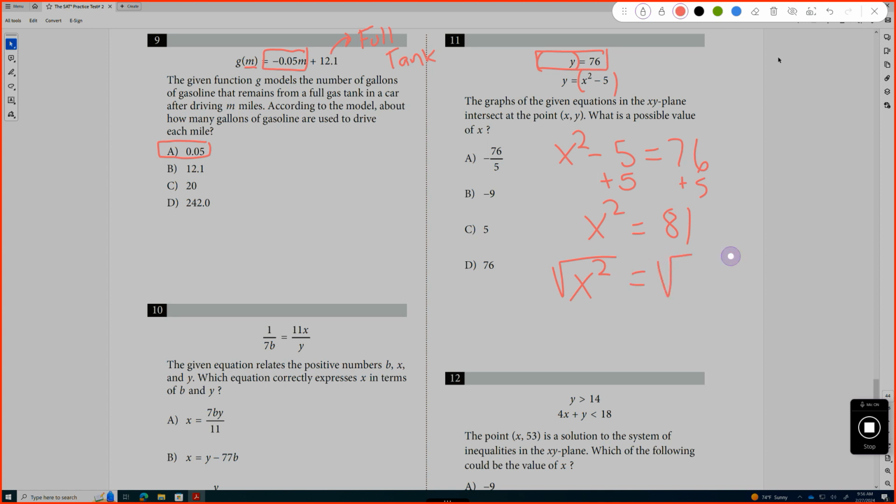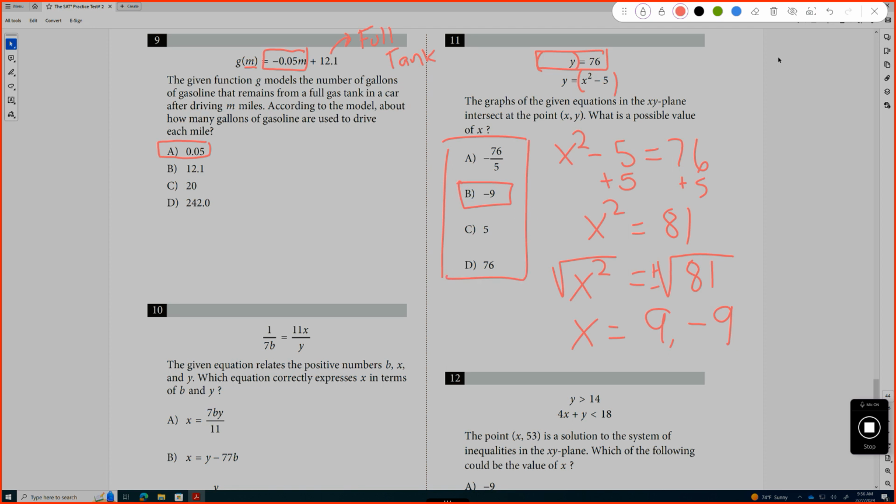We have to do it on the right too, the positive or the negative root of 81. The square root of 81 is 9, so x is equal to either positive 9 or negative 9, because 9 times 9 is 81. Which ones do we have here? What we have here is the negative 9. So your answer is going to be choice B.